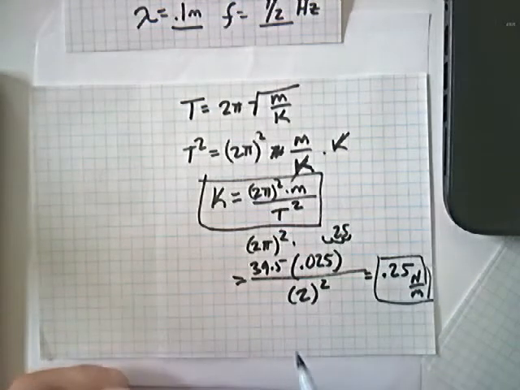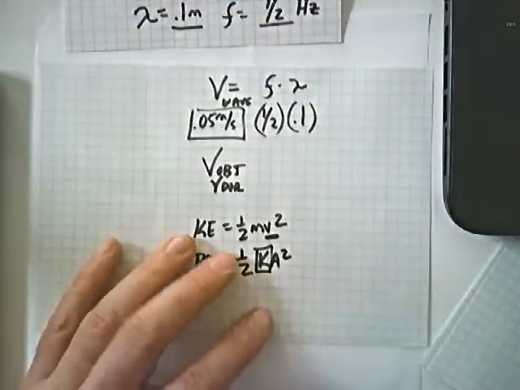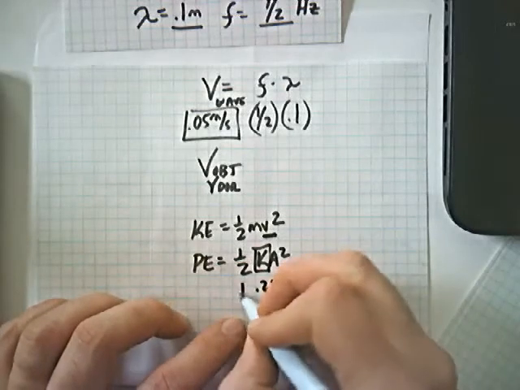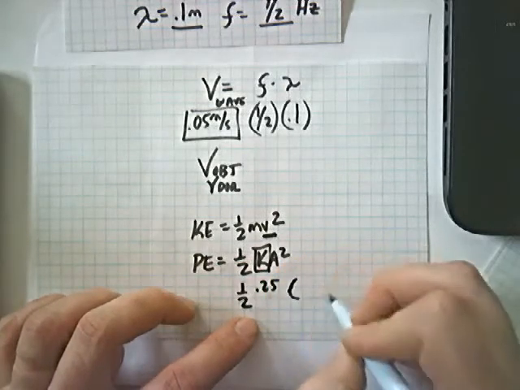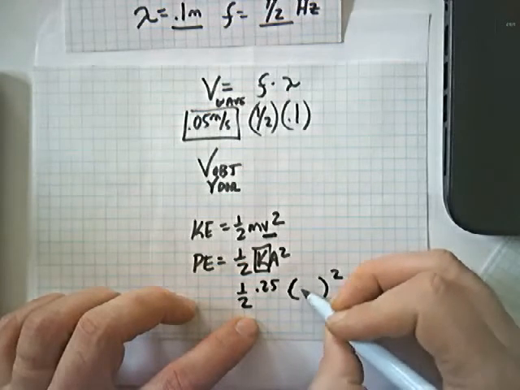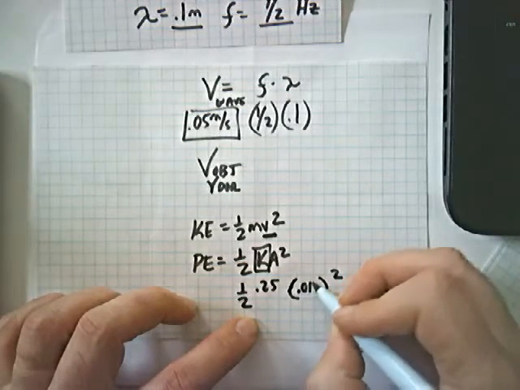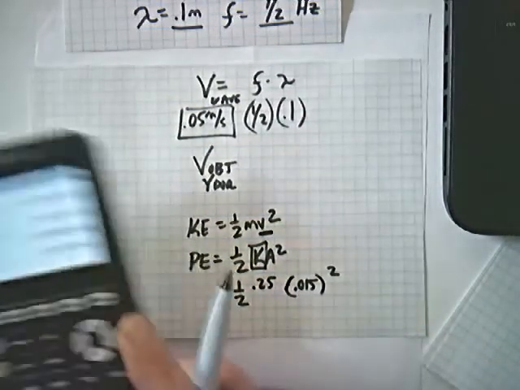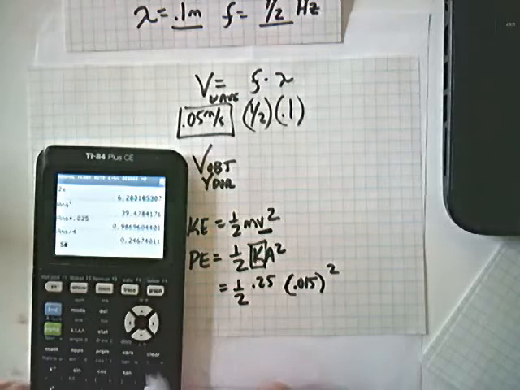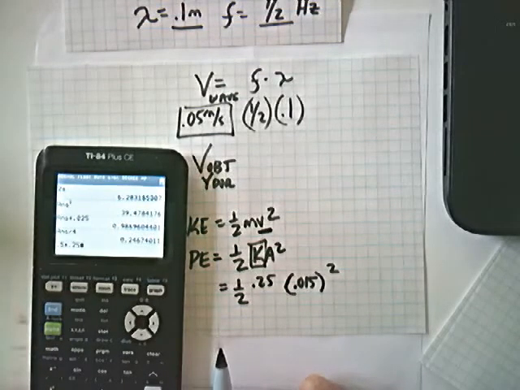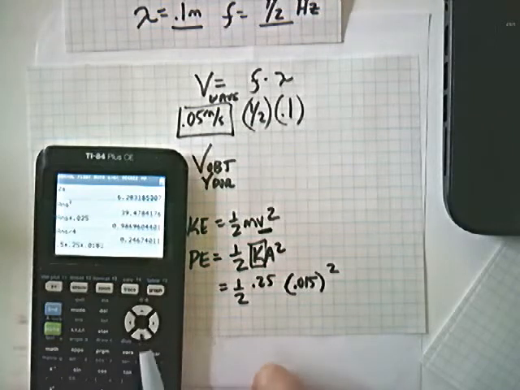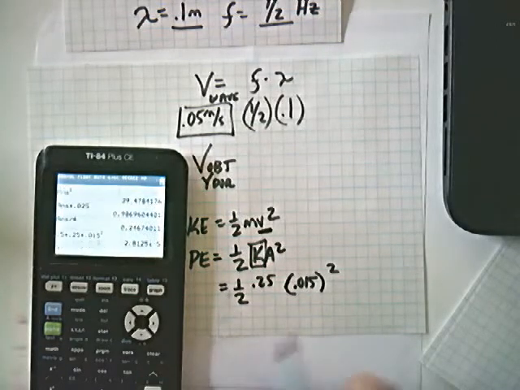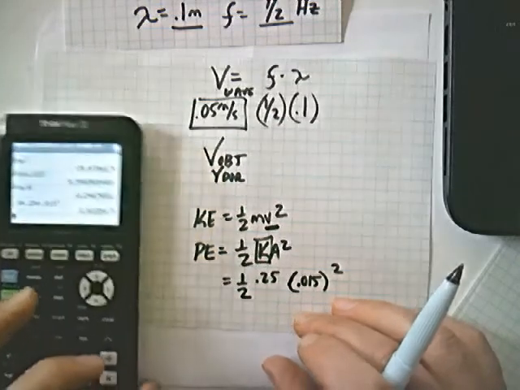Now I can take that and plug that back into the one we were working on before. So I'm going to put in 0.25, and then we have a half. We have the amplitude, and we're going to square it. Now the amplitude in this problem was 0.015. So when I multiply across here, 1/2 times the spring constant, 0.25, times 0.015 squared, I end up with a really small number of joules.